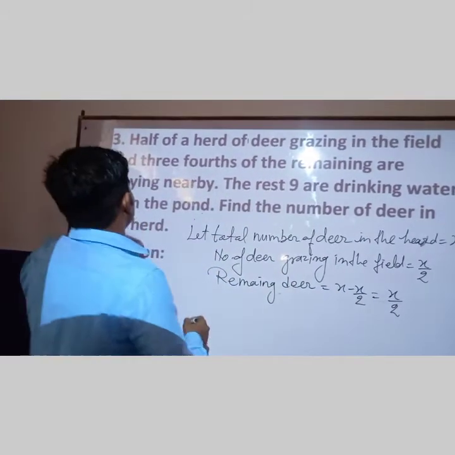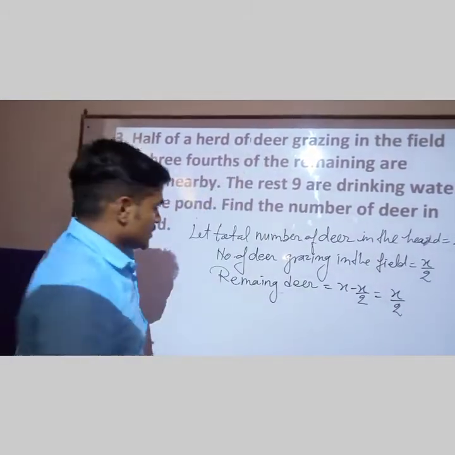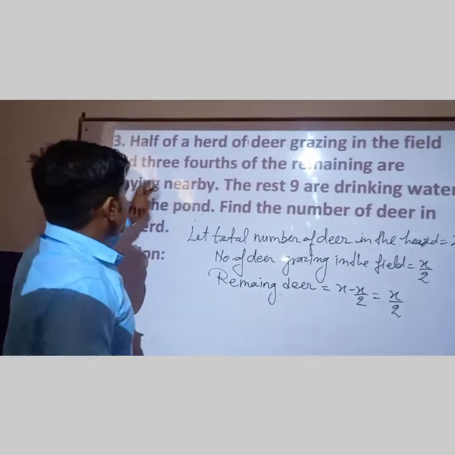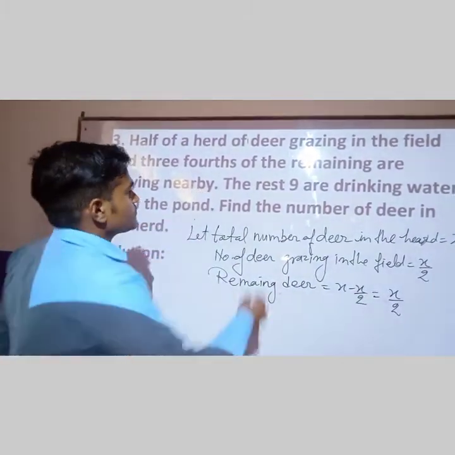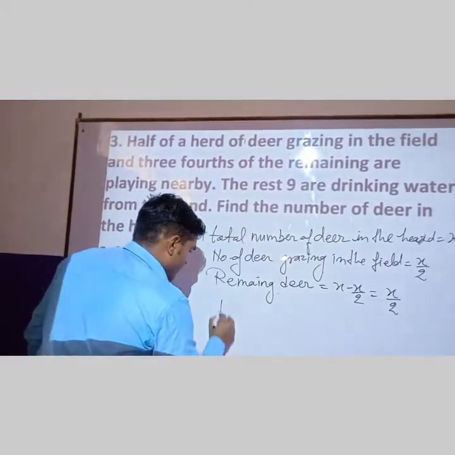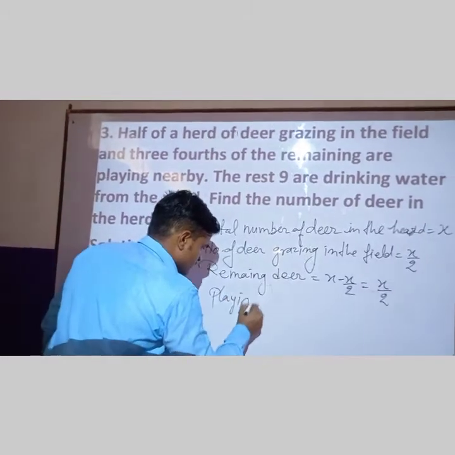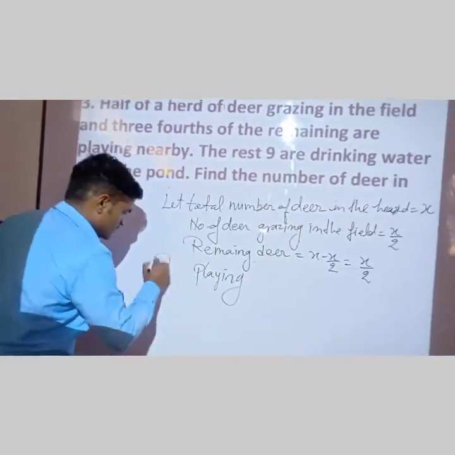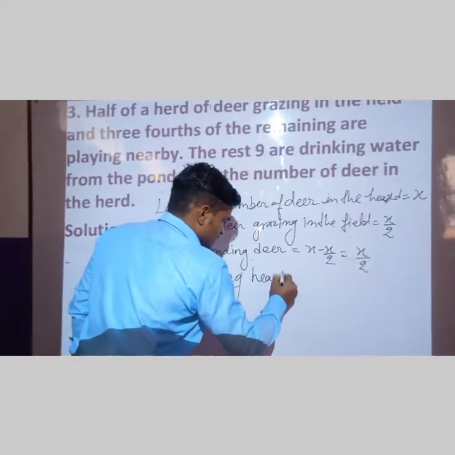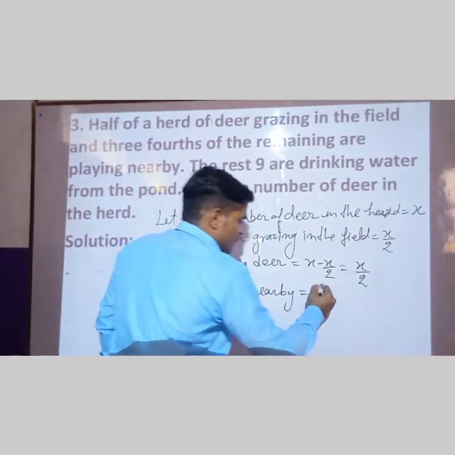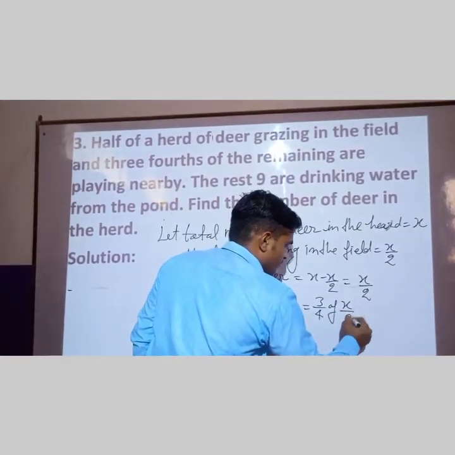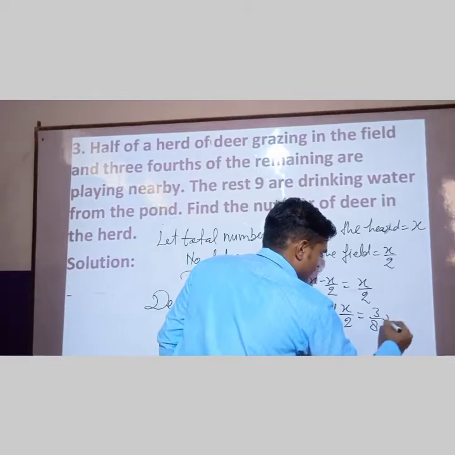And here it is given 3/4 of the remaining. So the remaining is x upon 2. Okay, the remaining are playing nearby. So the deer playing nearby is equal to, students, 3/4 of the remaining. 3/4 of x upon 2 means 3 upon 8x.